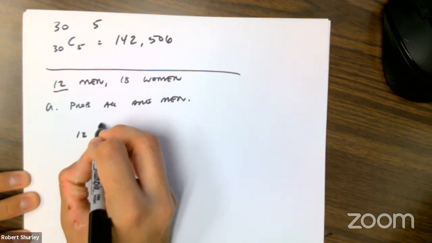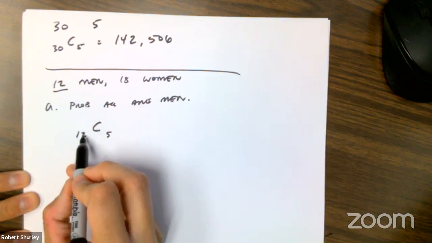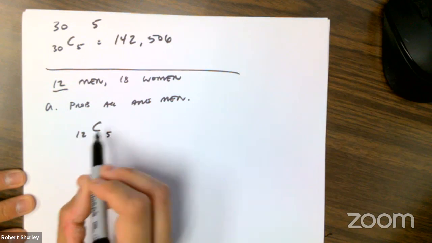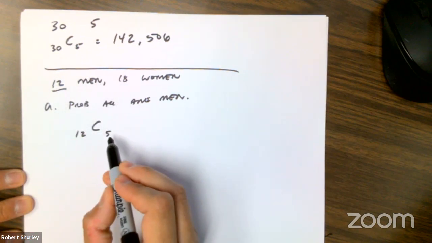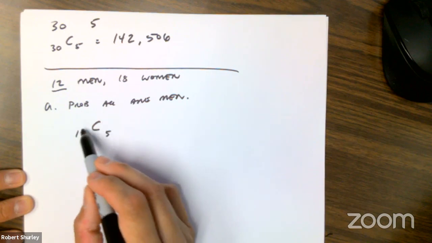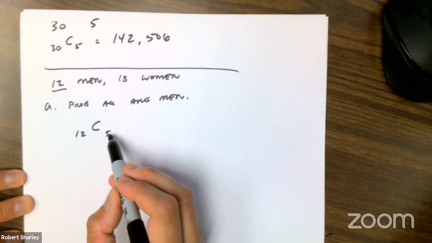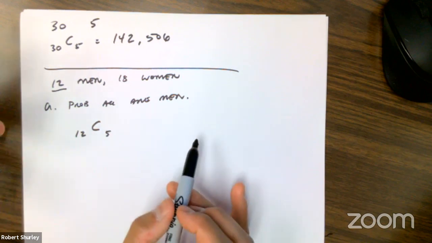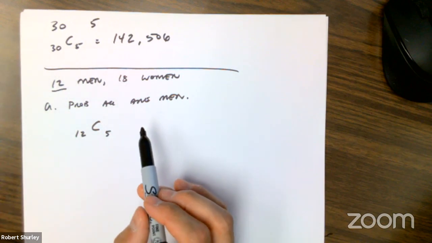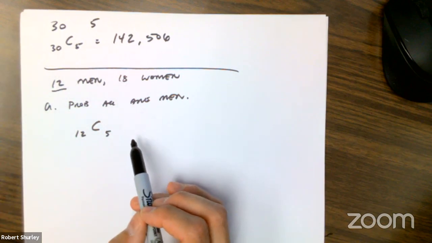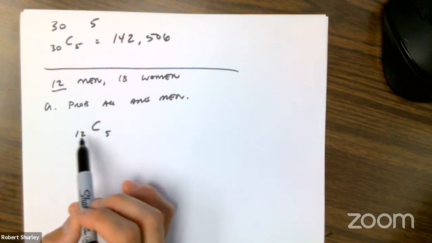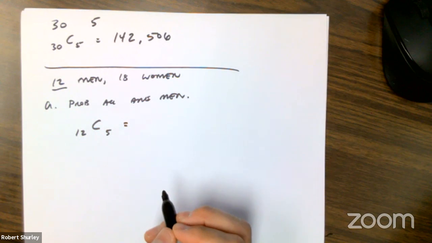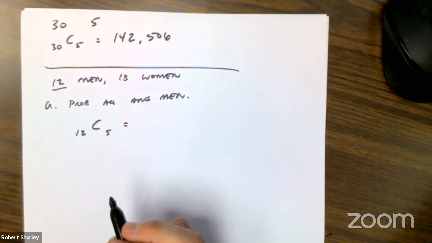So you'd have to do 12 combination 5, right? 12 of the group attending is male, and we want to know how many groups of 5 can be all male. Well, there's 12 men, so this is going to tell us the entirety of the male groups.